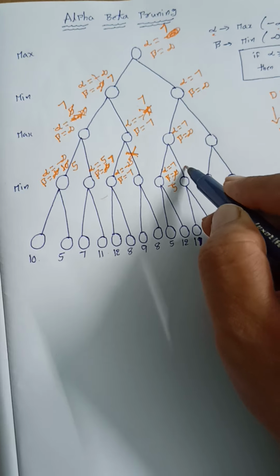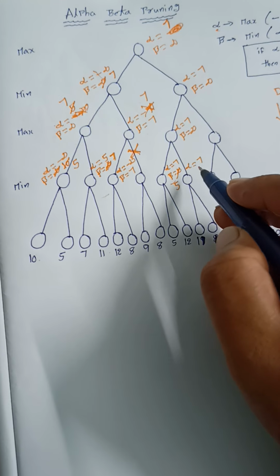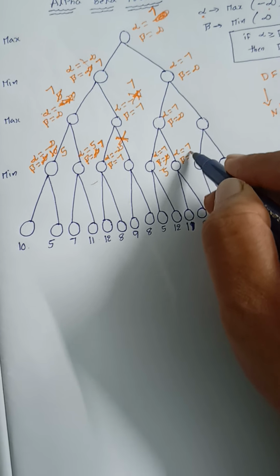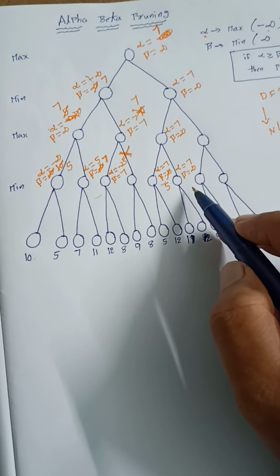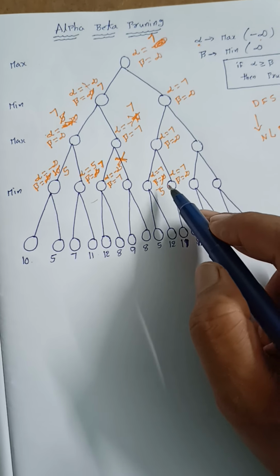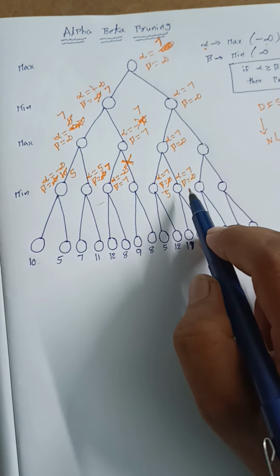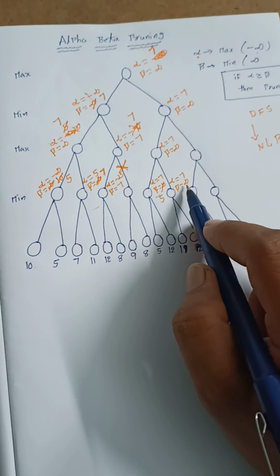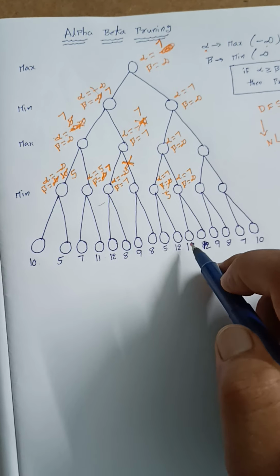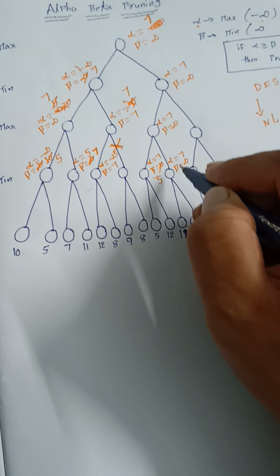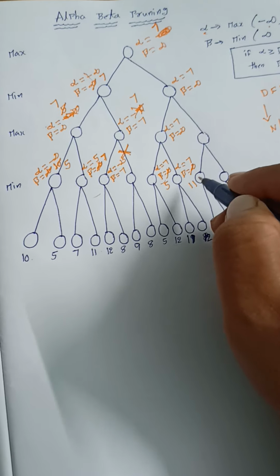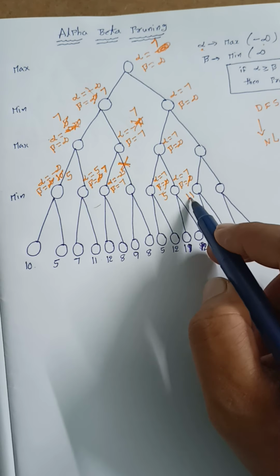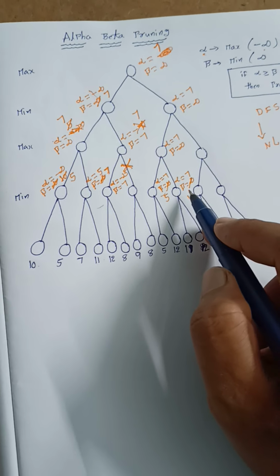Now alpha is equal to 7, beta is equal to infinity. Now please compare here. The beta value will be changed because this level is related to the minimum. Please compare infinity with 11. 11 is the minimum. Now compare 11 with 12, 11 is the minimum, no problem.